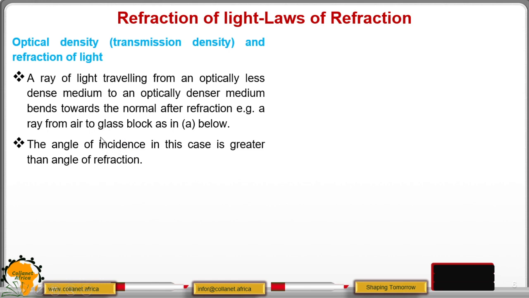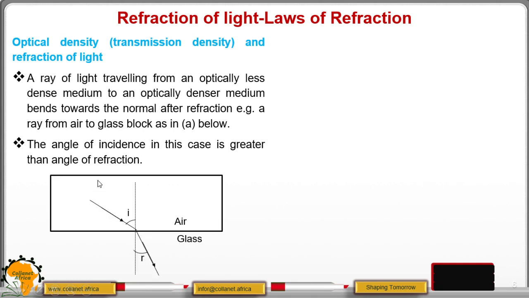Or in another way, we can say that the angle of refraction will be less than the angle of incidence. In this diagram, the ray, after coming from air to glass, will pass through this interface and it will be bent towards the normal. That is why we are saying this angle, angle I, will be greater than angle R.